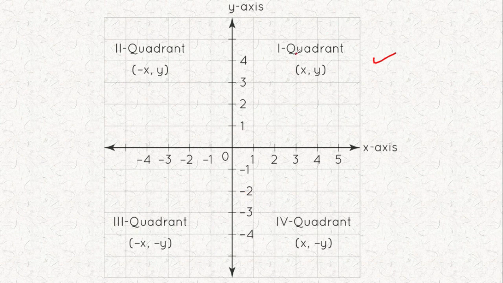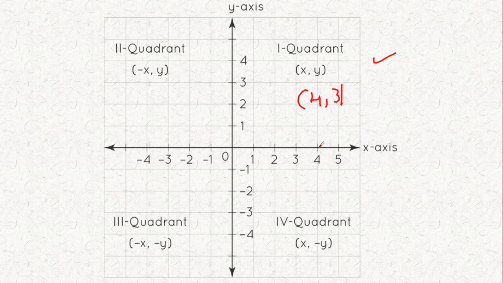Here in the first quadrant, both the x value and the y value are positive. Here we may take 4, 3. 4, 3 means from the x-axis it's 4 and from the y-axis it's 3.